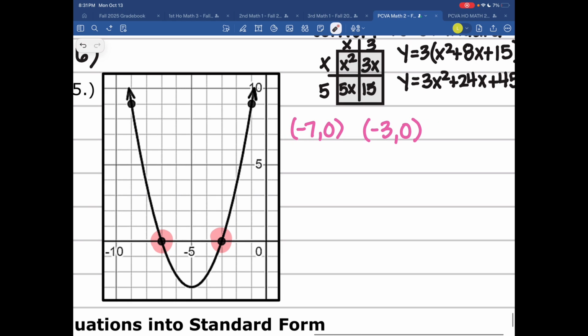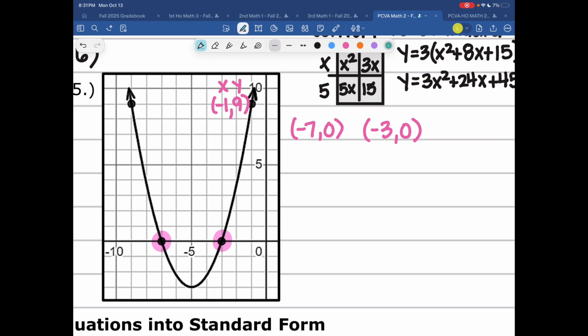So we always want to make sure we pick a perfect point. I do have some perfect points already identified. That perfect point is going to be at (-1, 9). So we're going to substitute in what we know. This is my x and this is my y.